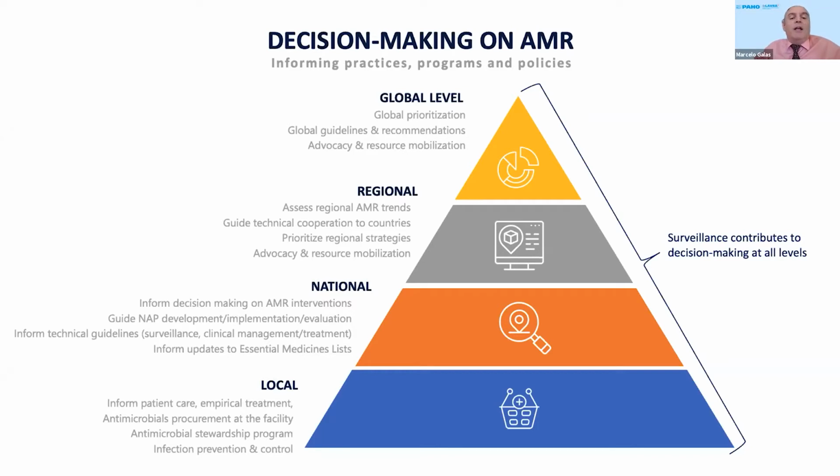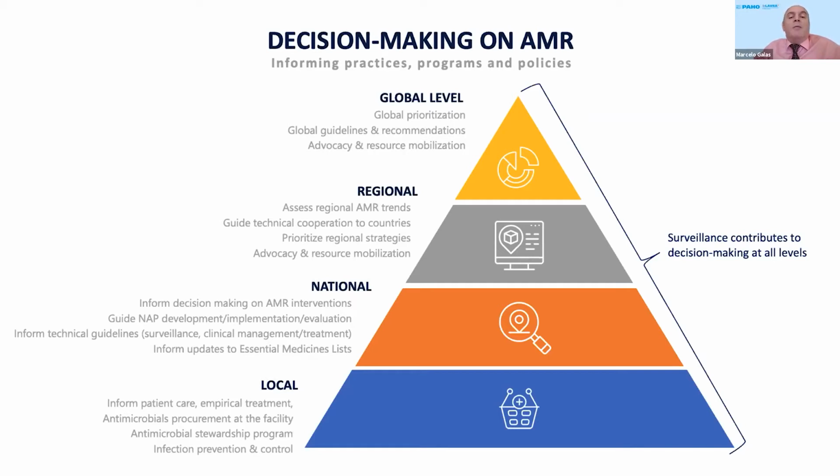At national level, the information that we produce informs decision makers on AMR interventions and guides the development, implementation, and evaluation of the national action plan. It informs technical guidelines for surveillance, clinical management, and treatment. It also informs updates to the essential medicine list in the country and indicates when changes are needed at national level.